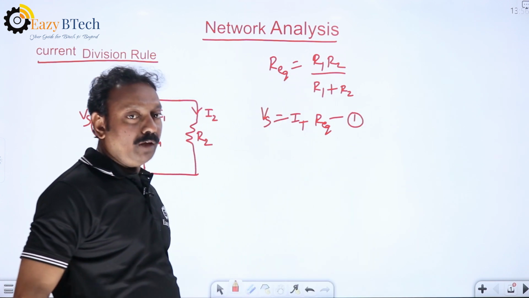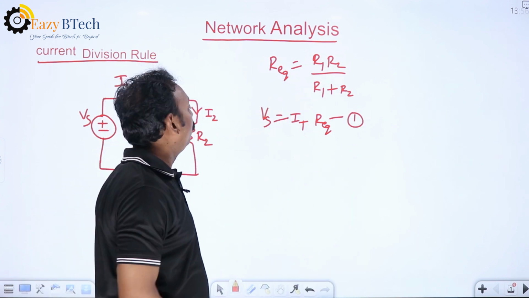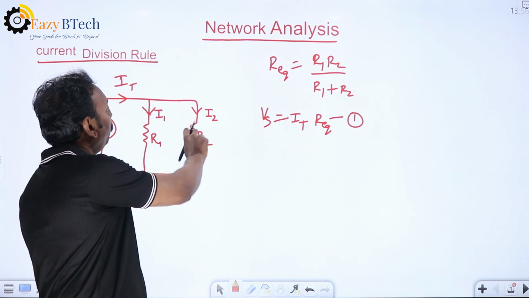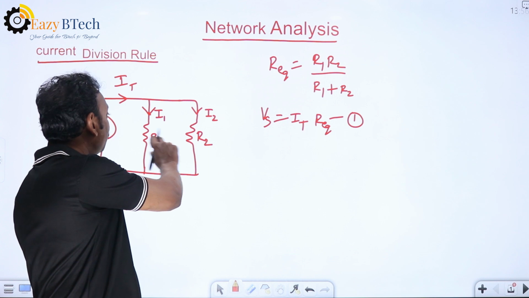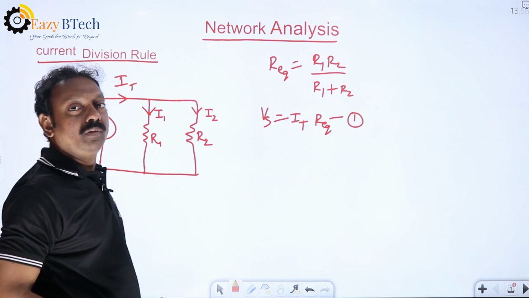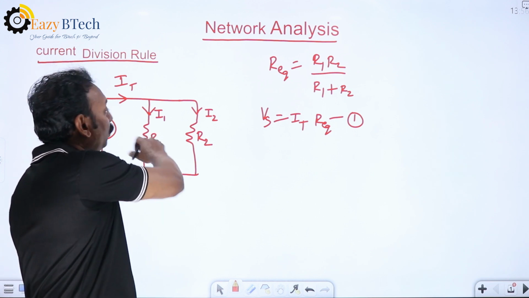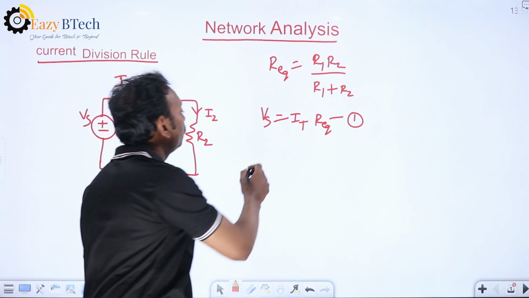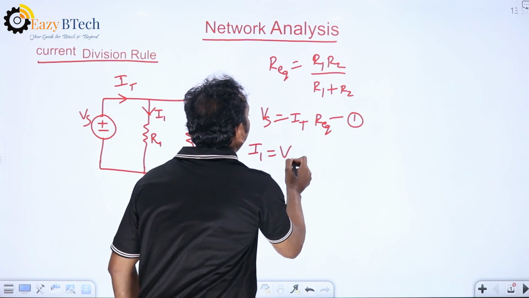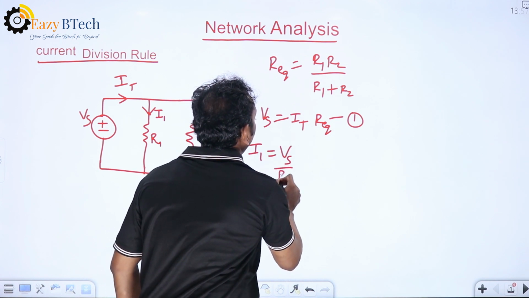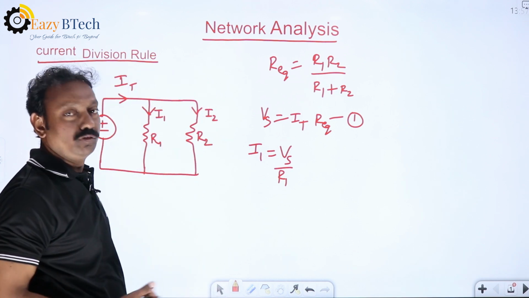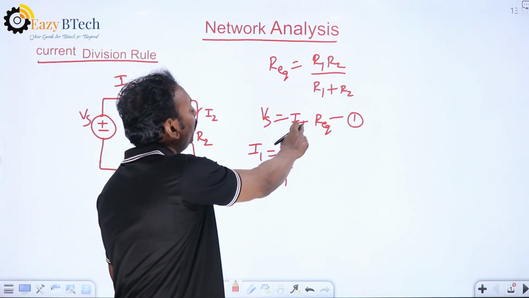How to find the I1 value and the I2 value? Here these are parallel. Voltage across R1 is also Vs, voltage across R2 is also Vs. Now, what is the current through R1? We can write I1 equal to Vs by R1. What is Vs from equation 1?